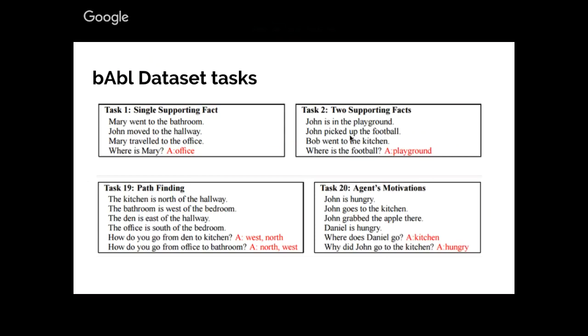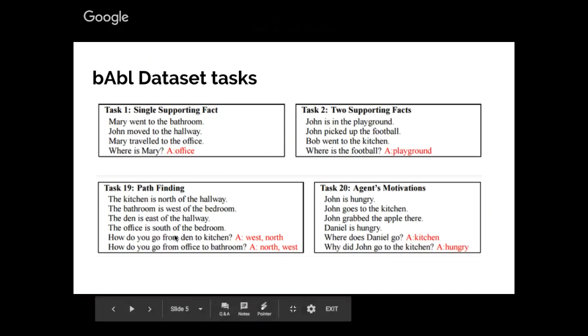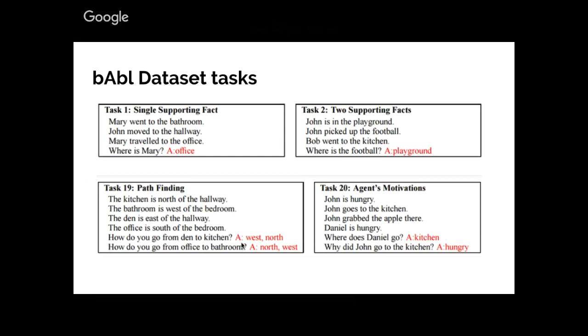We have to see who possesses the football, and then in which location that person is. This is the human intuition that comes into play, and we'll have to see how machines react in the same manner. Path finding is also a complex task. How do you go from the den to the kitchen? It involves two or more steps, like west and then north.